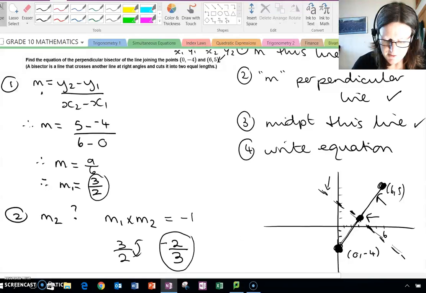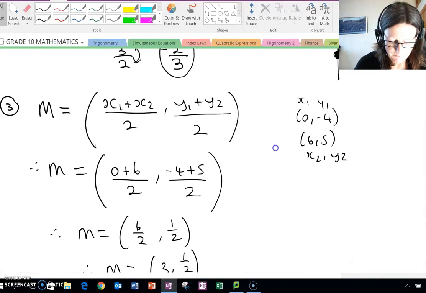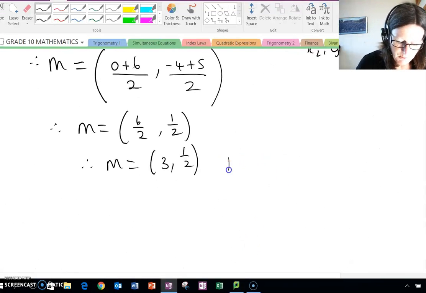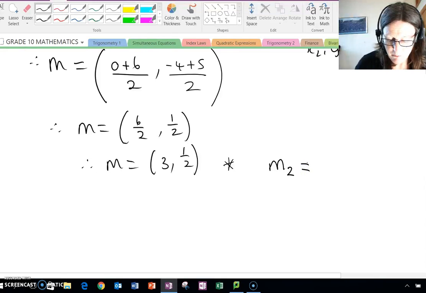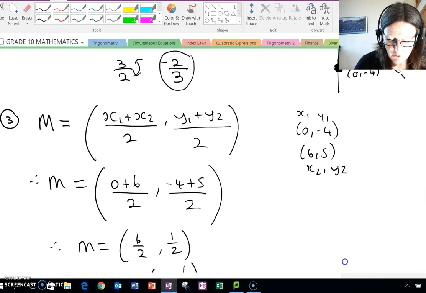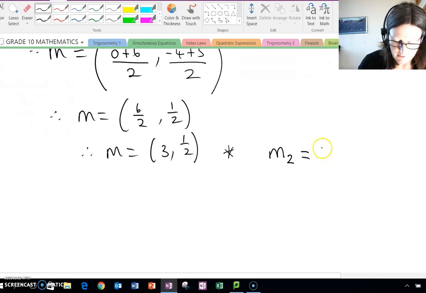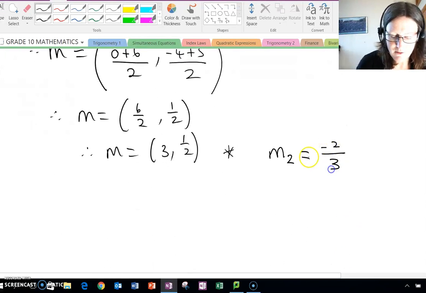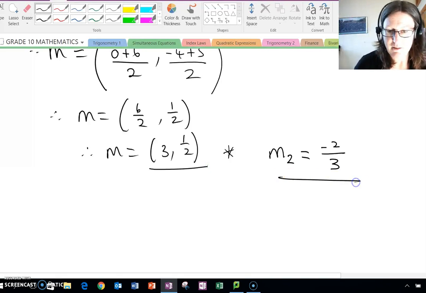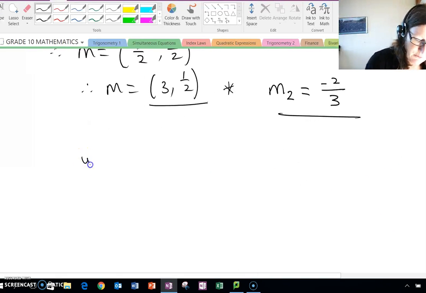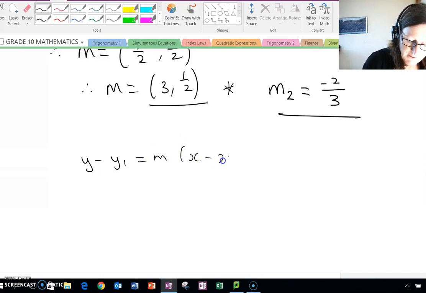Now, step 4, write the equation. I've got this point, and remember the gradient of the second line, the line we want to write the equation for, is -2 over 3. So I have 1 point and the gradient. I use the formula y minus y1 equals m times x minus x1 and substitute in.